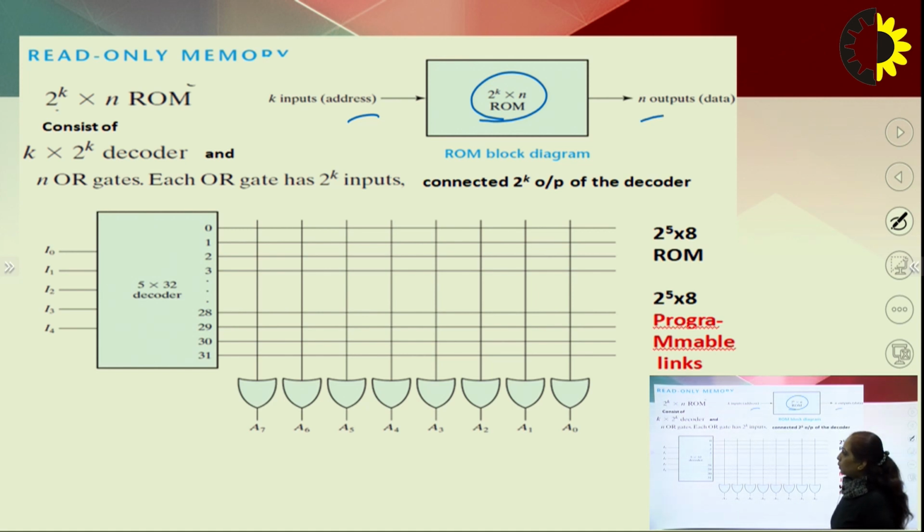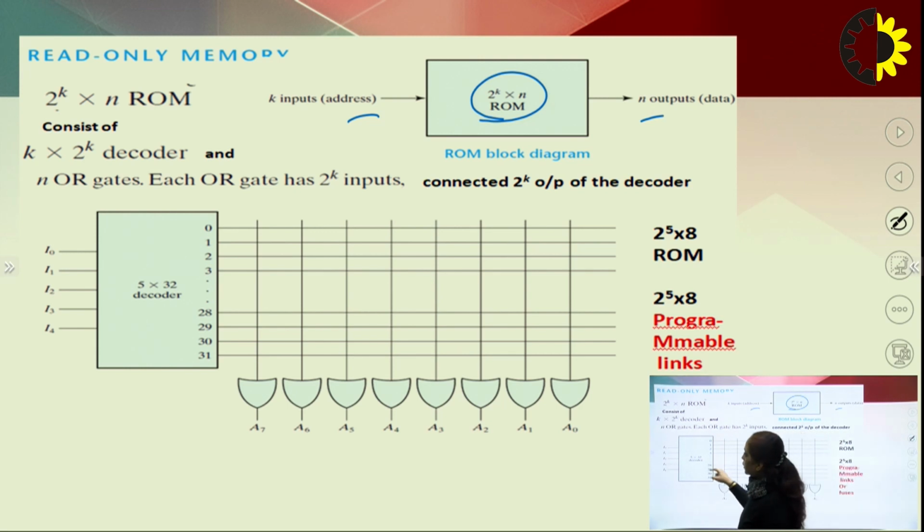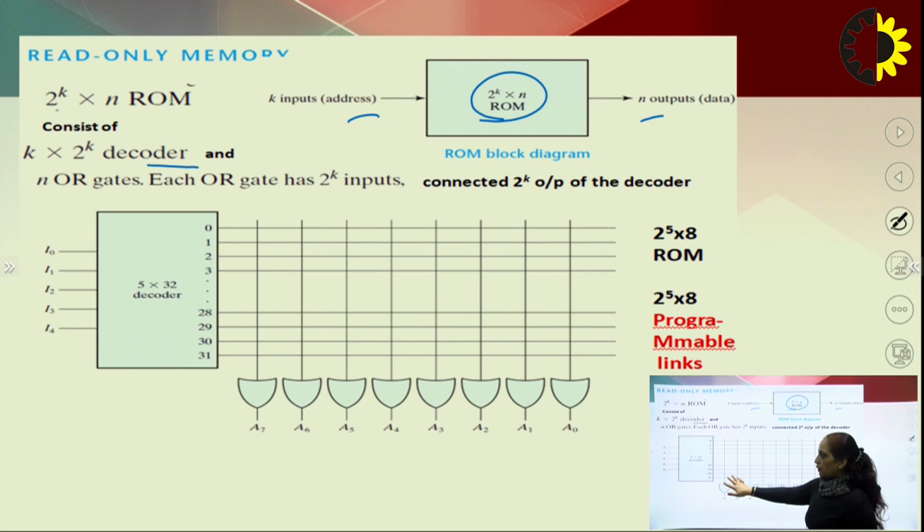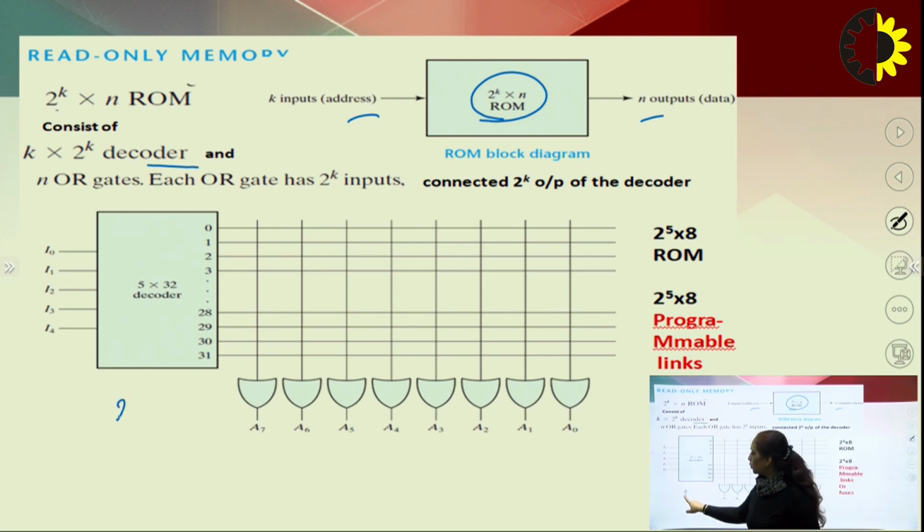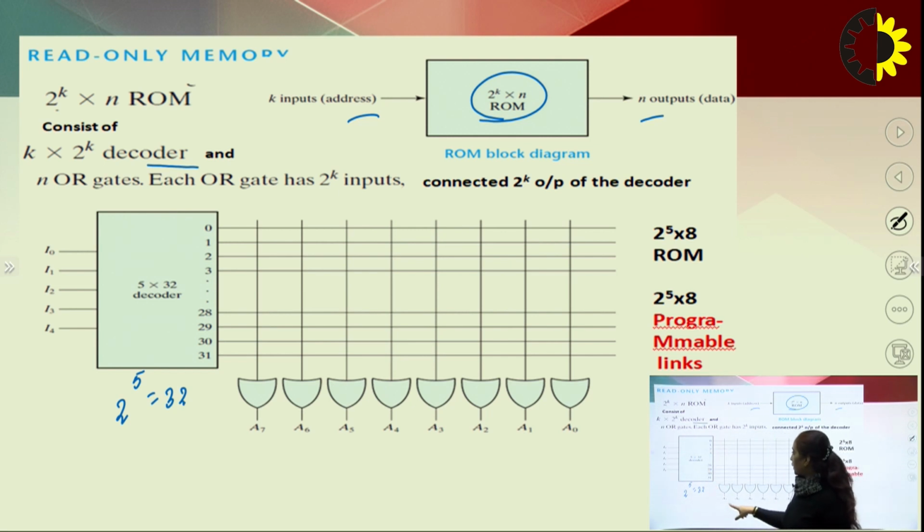It consists of a decoder circuit. For example, we have a 5 into 32 decoder, 5:32 decoder. We know that with 5 address lines, 2 raised to the power 5, that is 32 output lines, will be there.